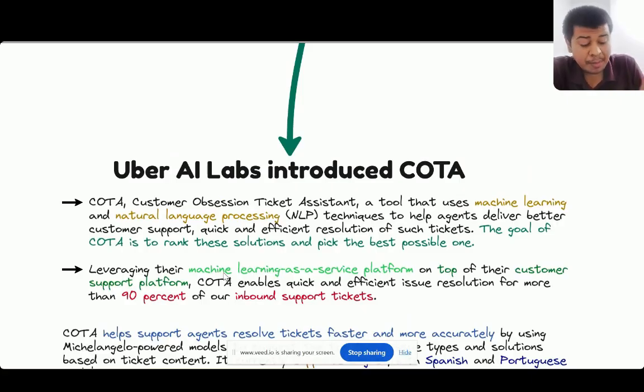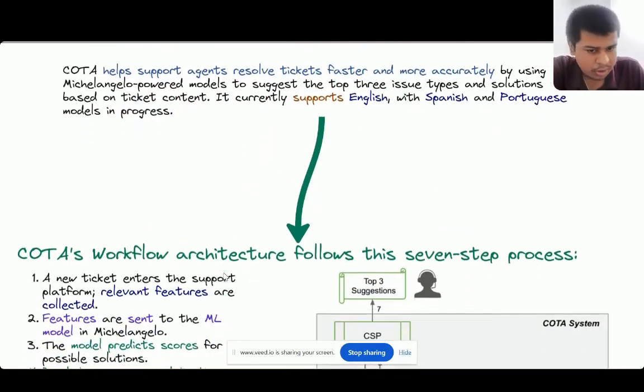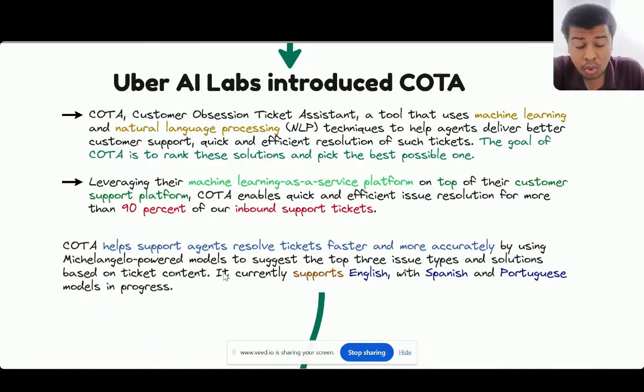It recommends a particular solution document to the agent as per the issue type or the ticket details of the customer. I'll give you a picture-based example of how this works in a workflow, but I'll just give you a glimpse of what it is.